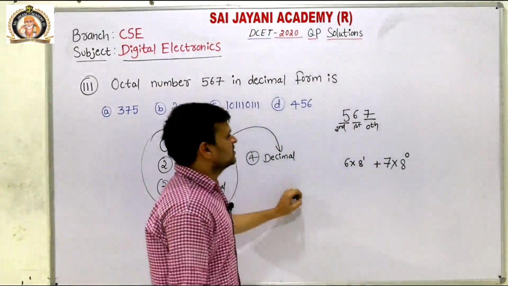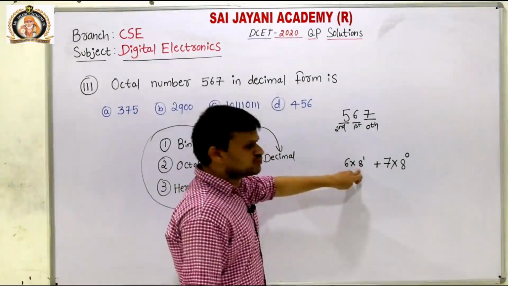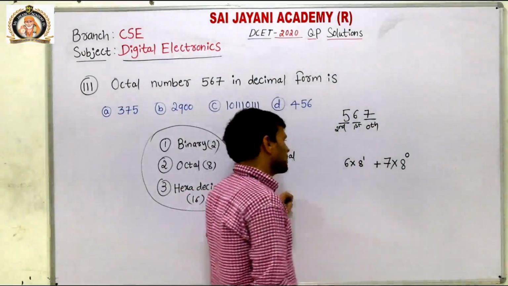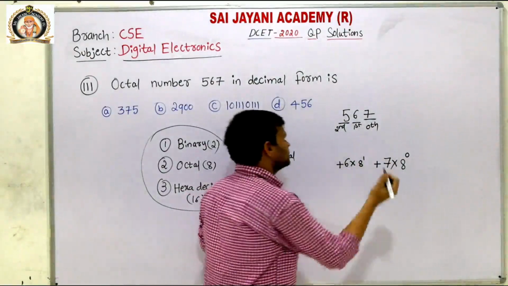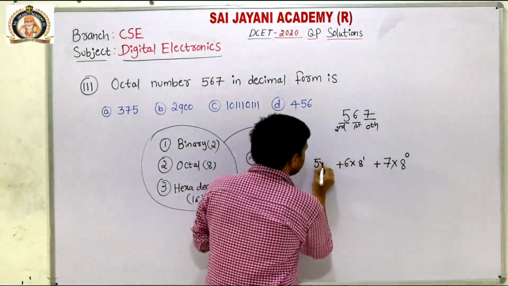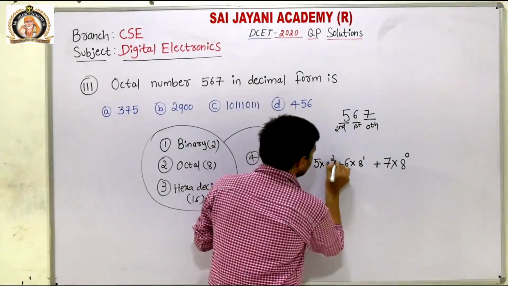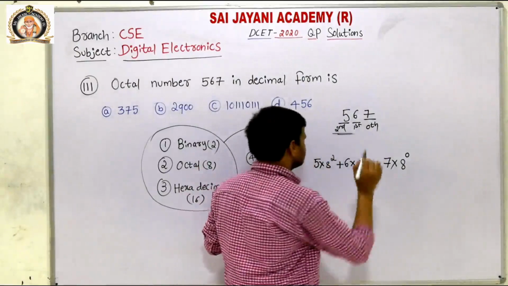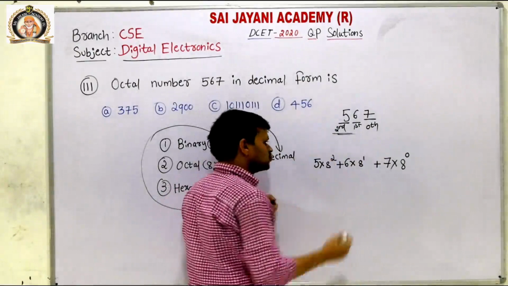Why? Because the 6 is present in the first position. So, we have to write 6 into 8 raised to 1, which is added to 5 into 8 raised to 2. Why? Because the number 5 is present in the second position. So, we are writing 8 raised to 2.